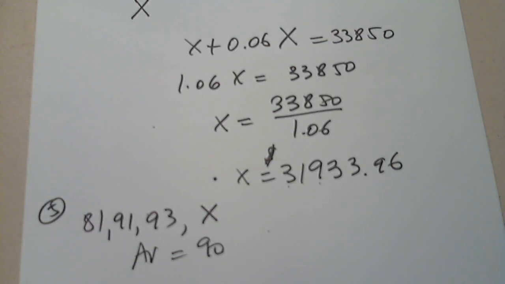Let's think about the problem for a moment, and when you're ready, tell me what to write. If you have an idea about the equation, let me know. Would it be 81 plus 91?